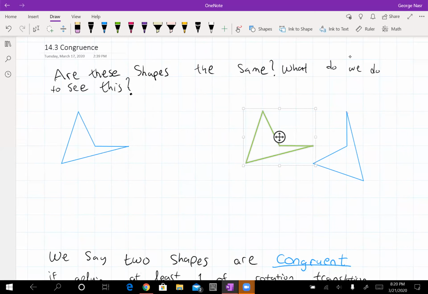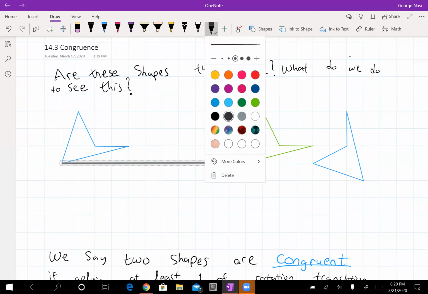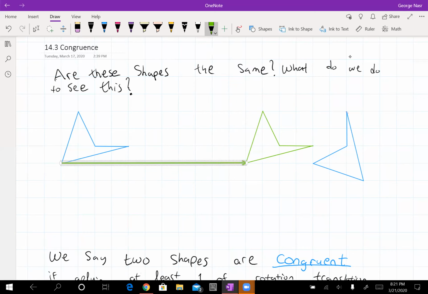Well, I took my points and I shifted over by so many units. In this case, this is, whoa, that's not what I wanted to do. Bring that back, please. There we go. 11 units. I'm just counting the number of grid lines there.